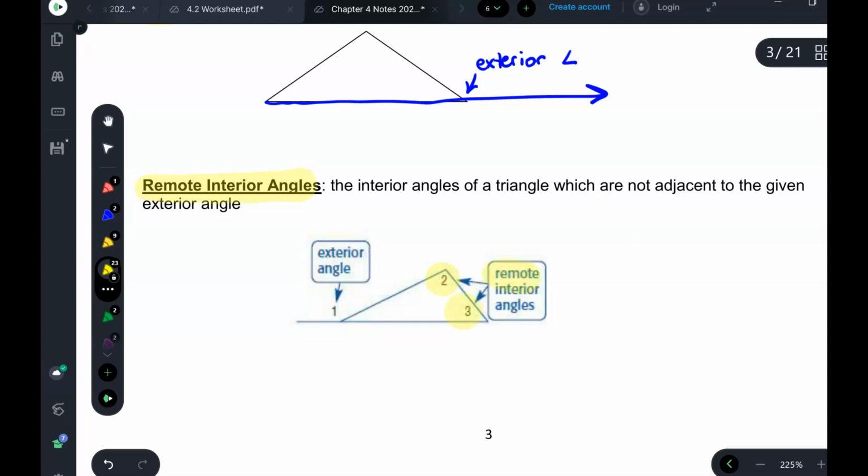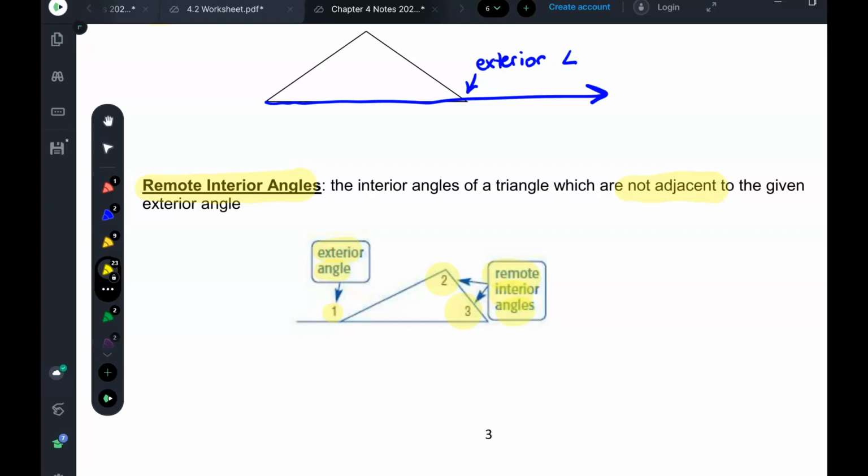These would be your remote interior angles, and then outside would be your exterior angle. Think about the word remote, not like a remote control, but like a remote island, far away. So the 2 angles that are far away, not adjacent to the exterior angle.